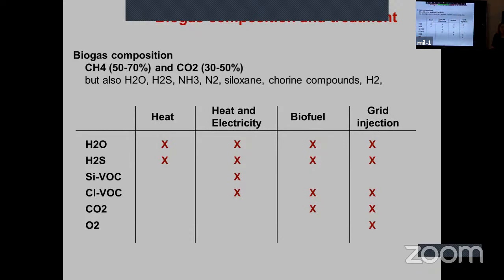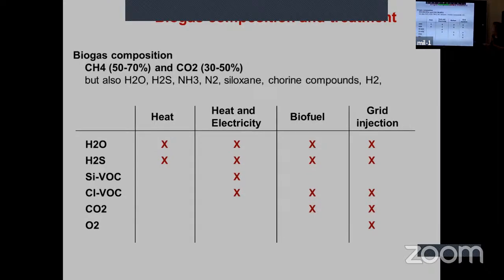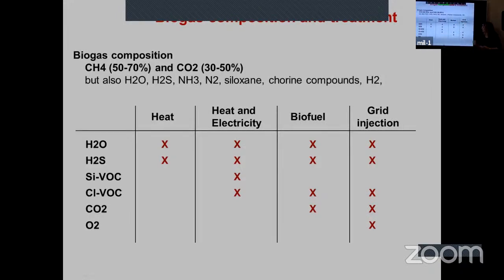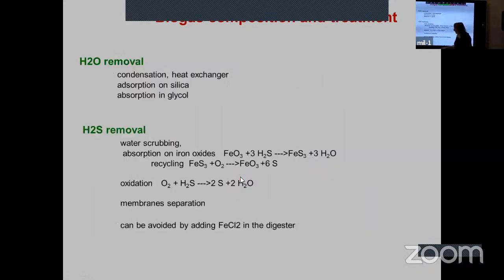So if you want to burn your biogas just to make heat, you have to remove water and H2S. If you use it in a cogeneration to produce electricity, in addition, you will have to remove the siloxane and the chlorine compounds.